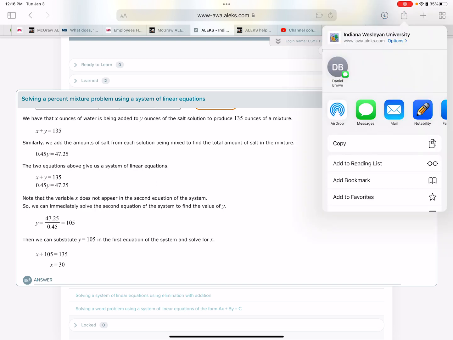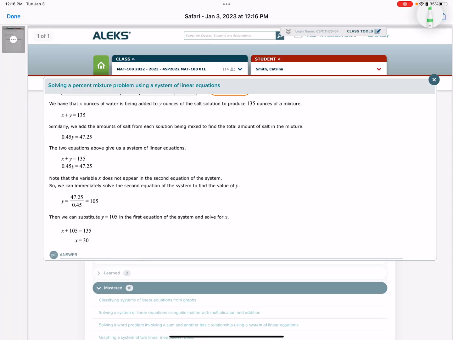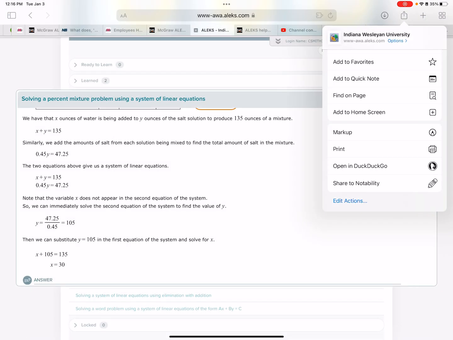Look, I got an x and I got a y, so they divide both sides by 0.45 to get y is equal to 105. Then they substitute that right into the original equation to get 30. You don't have to go through solving everything back and forth because you have y right away. So that's nice.